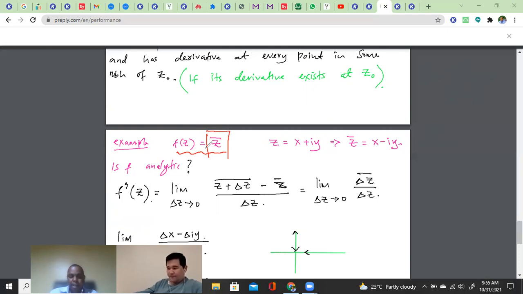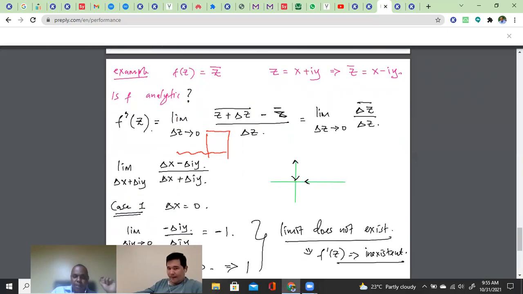To find this derivative, we used the first principles and got this limit.